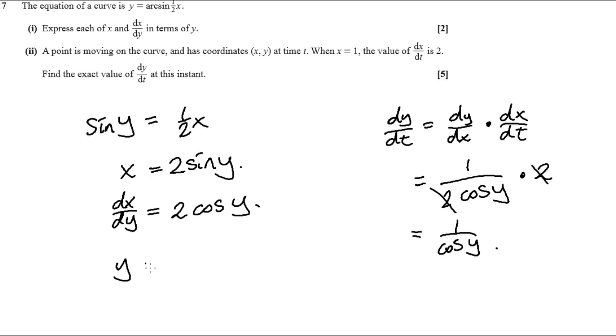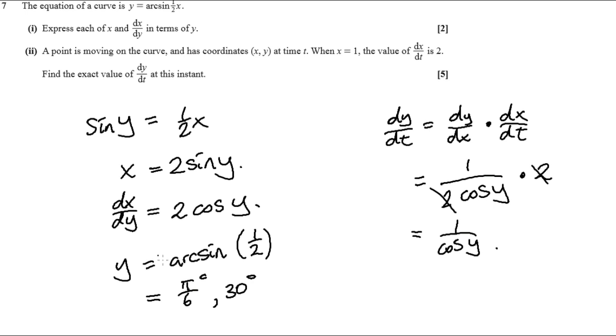We want to find y, so y equals arc sine of a half times 1, which is just a half, which should give you in radians pi on 6, or just 30 degrees if you do use angles in degrees. It's personal preference.